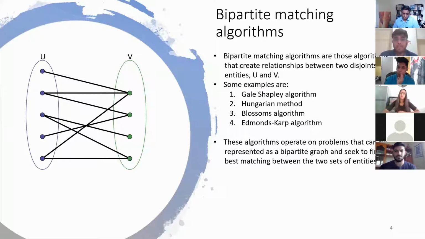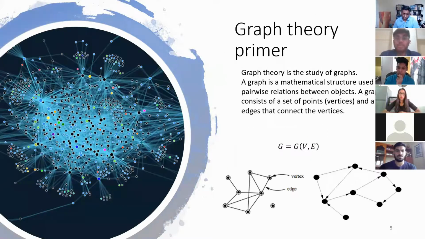So to understand the rest of the presentation, it's important to first outline some basic graph theory concepts. Graph theory is the study of graphs. A graph is a mathematical structure used to model pairwise relationships between objects.